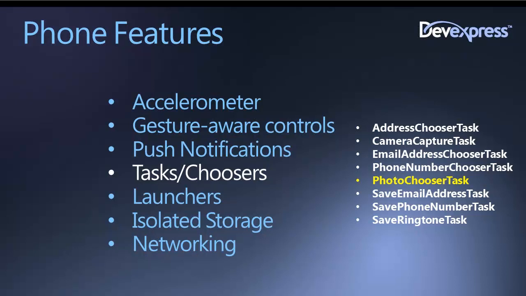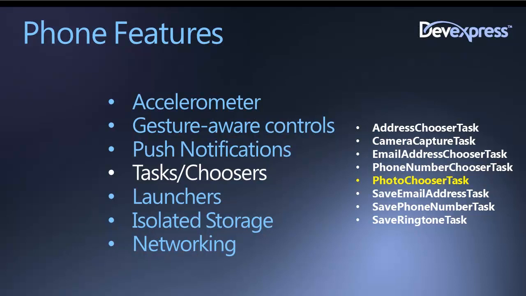And so the end result is your app gets back a bitmap. And your app doesn't really care if the bitmap came from the camera or it came from the photo chooser. It just knows that it's getting back a bitmap, and then it's going to do whatever it needs to do with it, which in this case is just display it on the form.